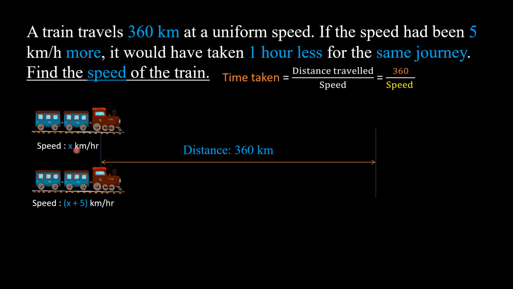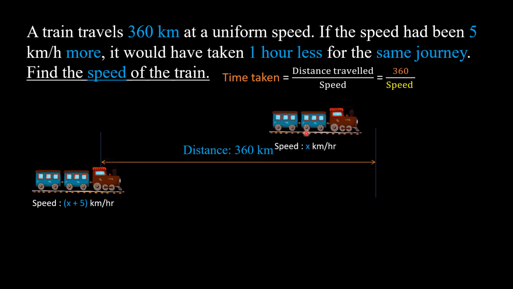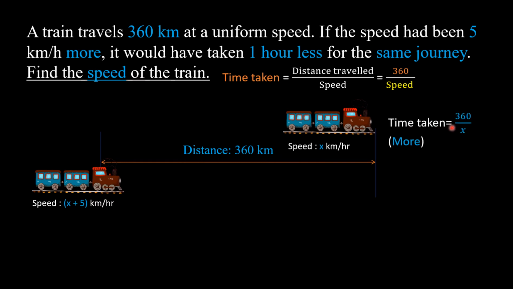Now it is going to travel a distance of 360 kilometers at a speed of x kilometers per hour. Now, the time taken by this train to travel 360 kilometers will be time taken equals 360 divided by speed x, which is more.